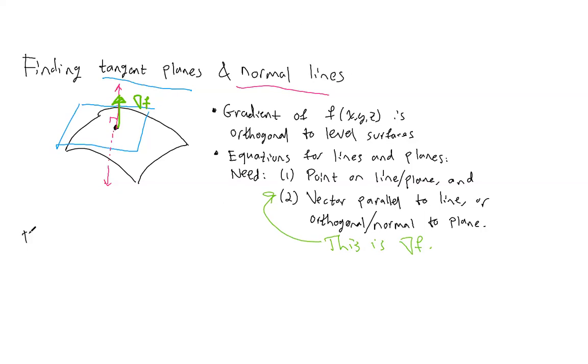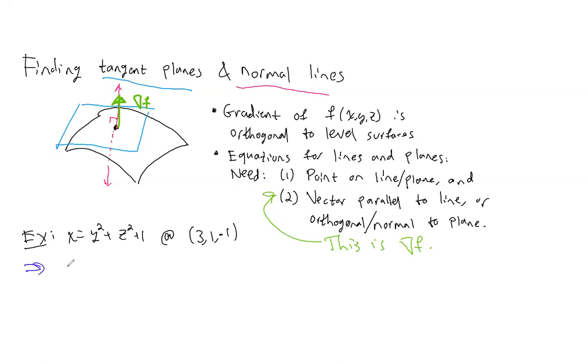So let's say, for example, we want to look at the surface x equals y squared plus z squared plus 1 at the point 3, 1, negative 1. Well, what you can do is re-express this, trying to find the tangent plane and normal line.